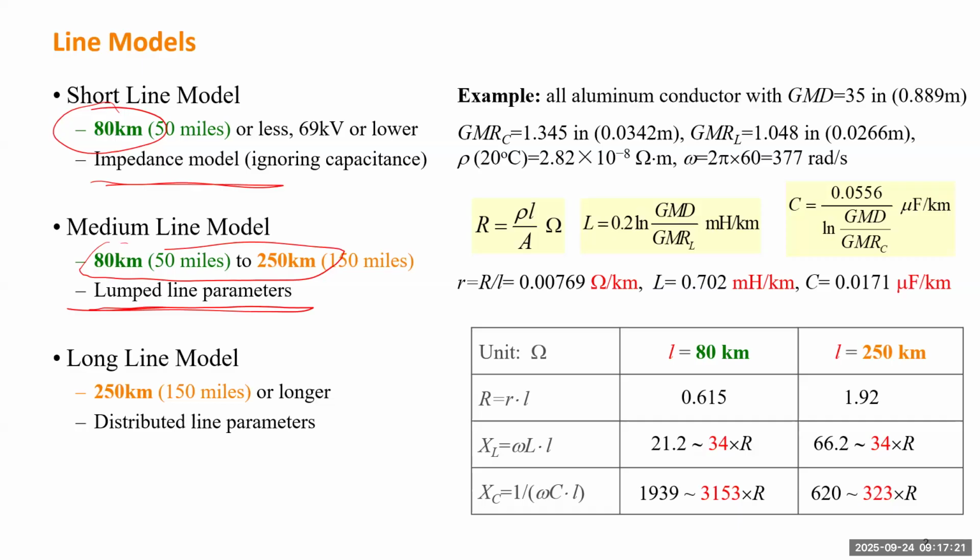And if we have to model the capacitance or conductance to the ground, they can also be treated as single elements. But then the question will be where to place those single elements. But for a long line model, with lines longer than 250 kilometers or 150 miles, using the lumped line parameter will not be accurate. So in this lecture, we're going to explain why it may be inaccurate.